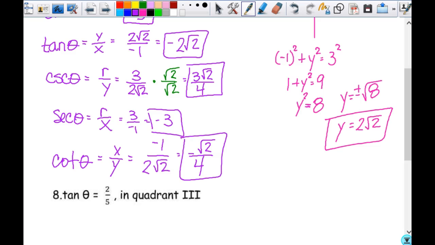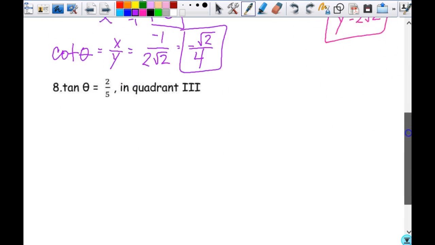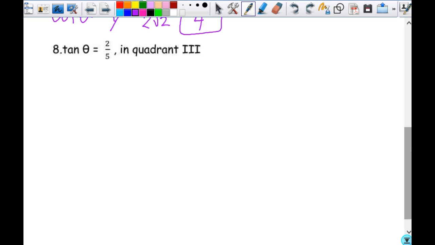It's good that you can think through them a little bit first. I'm going to give you a couple of more of them today, but not a ton of them. All right, so now I've got tangent, and we're supposed to be in quadrant 3. So it's down here. Tangent theta, I know, is y over x. So my y value is 2.